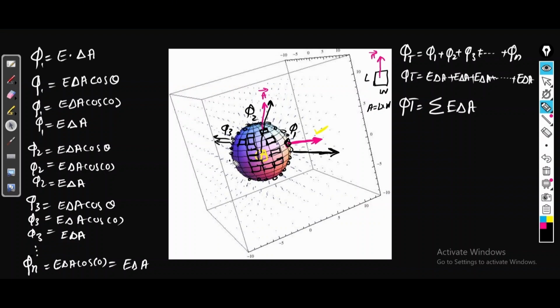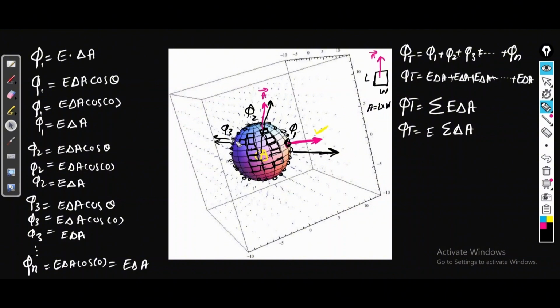Therefore we can say that in this case the electric field intensity is the same on this surface. So in this equation we will put this electric field intensity outside of the summation sign. So phi total is equal to E times the summation of del A. Here this is the summation of del A, meaning that we have to add all these del A.